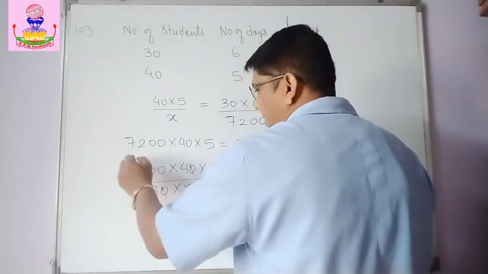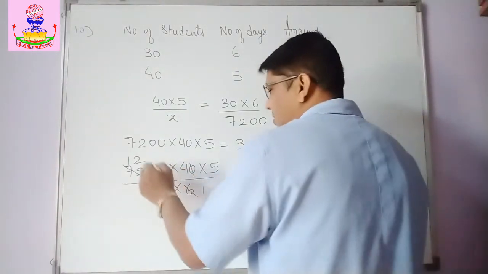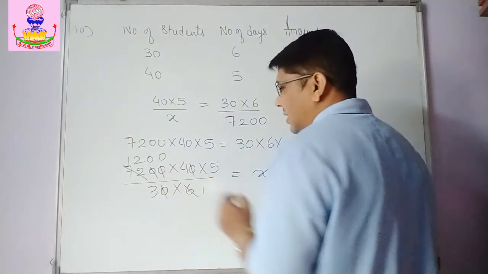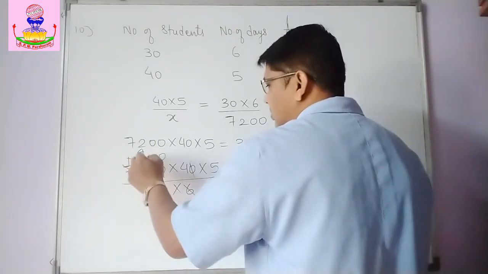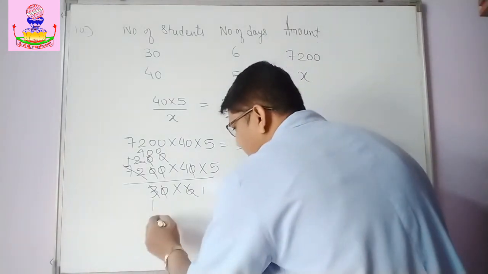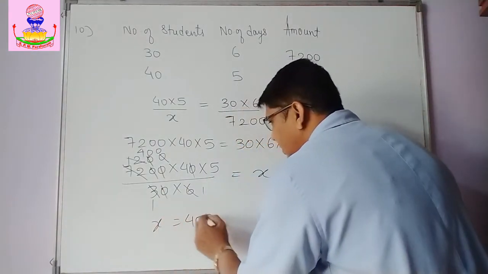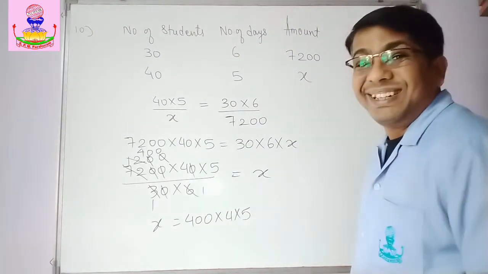Now 6 1s are 6, 6 12s are 72, zeros are 0, zeros are 0. Okay, 3 1s are 3, 3 4s are 12, 3 zeros are 0, 3 zeros are 0. So x is equal to 400 into 4 into 5.